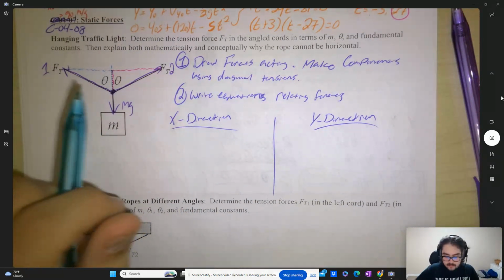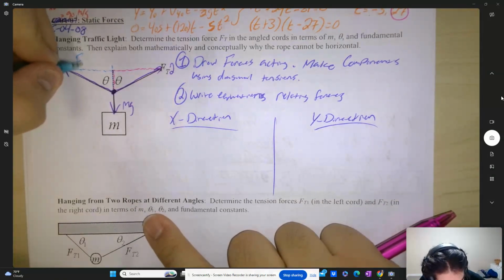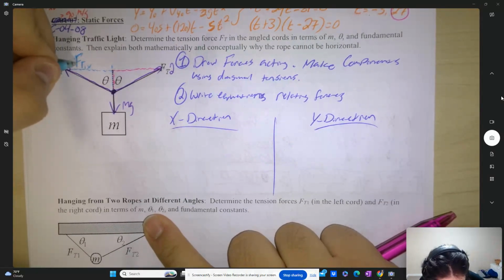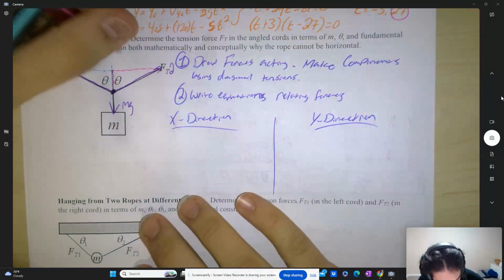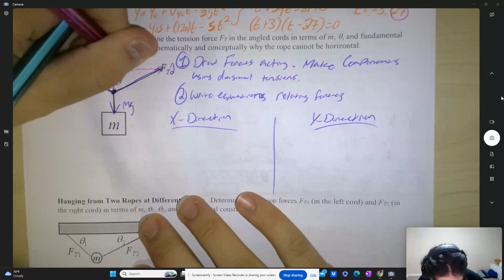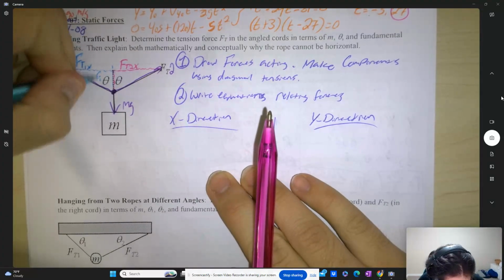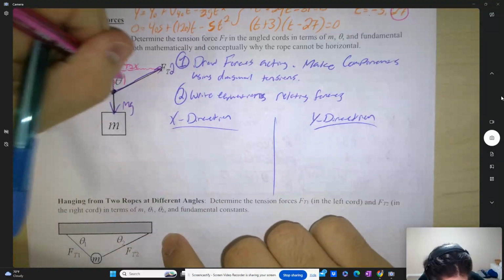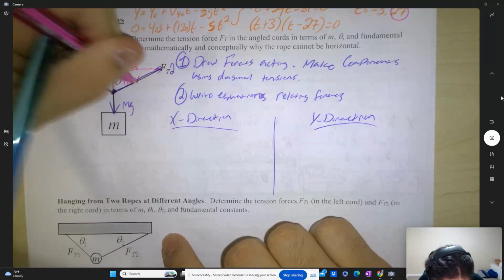So really, what we should be saying is that if this is FT1x and this is FT2x, and then this right here is FT1y, or FT2y.